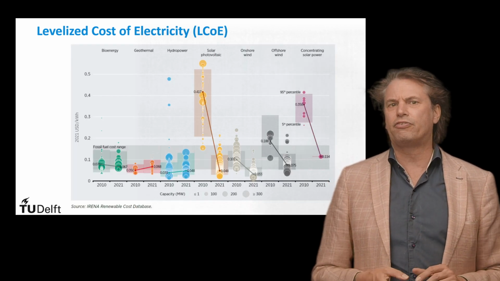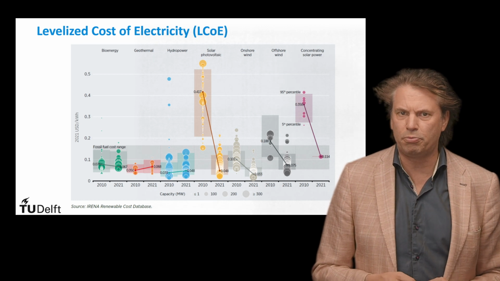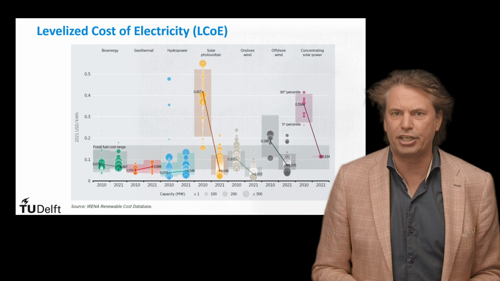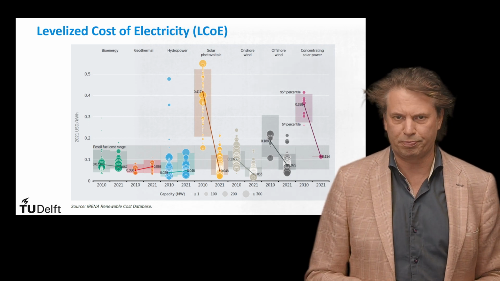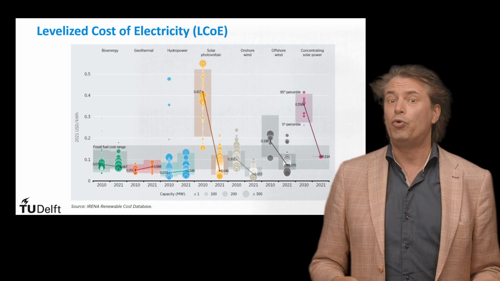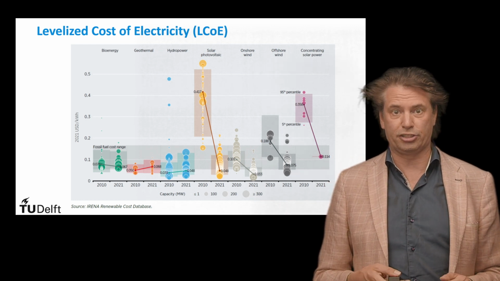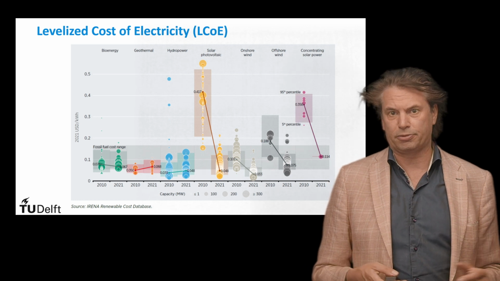This is shown in this graph adapted from the IRENA Renewable Cost Database. It shows the LCOE of large-scale utility projects around the world. The size of the circle represents the size of the generation power of the large-scale utility system established.